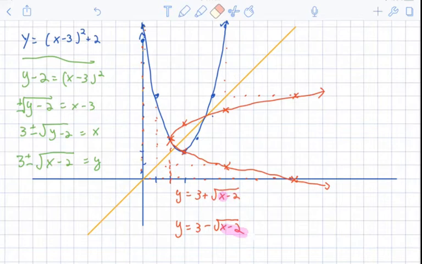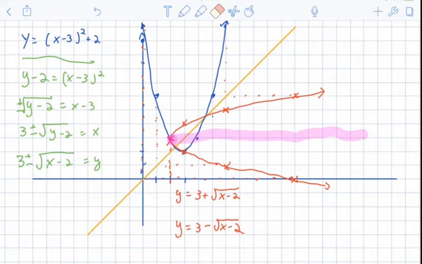And as we see, these lines we have sketched are only defined when x is a number that's bigger than 2. Also, when x is a number smaller than 2, the calculator says error for both of them.